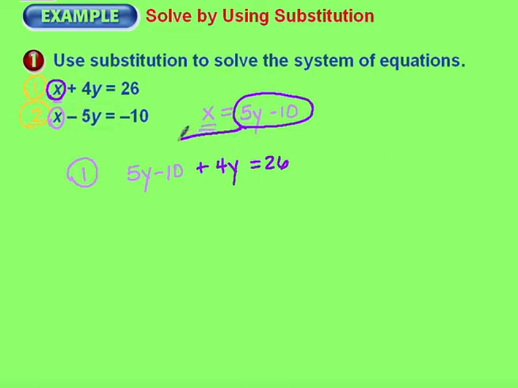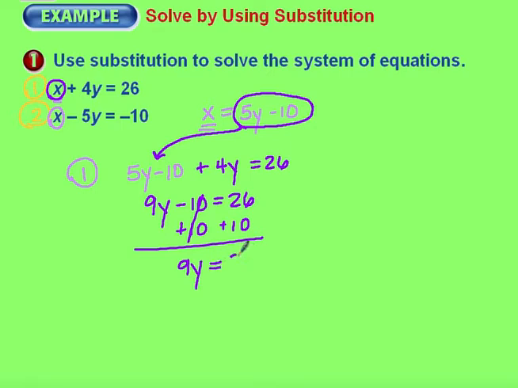That gave me 5y minus 10 plus 4y equals 26. Now I have one equation with just one variable. I have a couple y's in there, but I can simplify by collecting like terms. I have 5y plus 4y, which gives me 9y minus 10 equals 26. Now that's a nice and simple two-step equation.